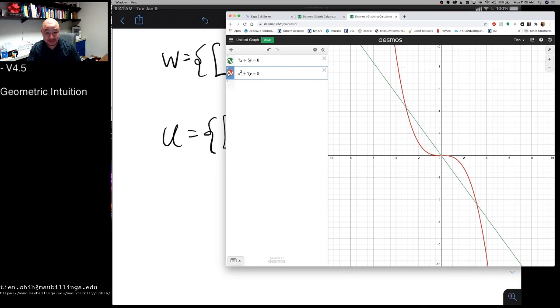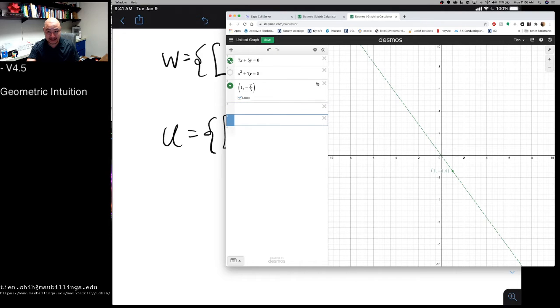So let's just take a look at W here. So W, we're claiming, is a subspace. And so let's take a point on this subspace. Let's say when x is something nice. When x is 1, maybe y would have to be minus 7/5. Right? So that's this point here.